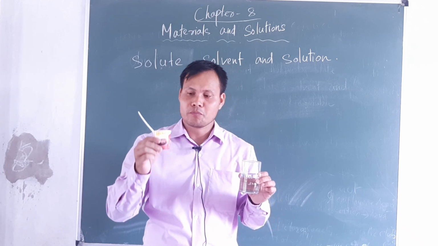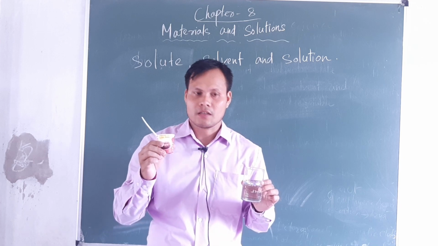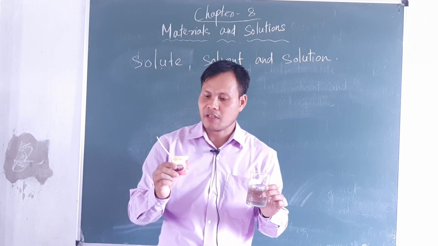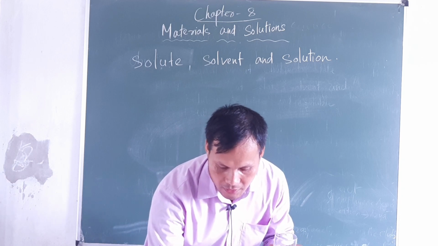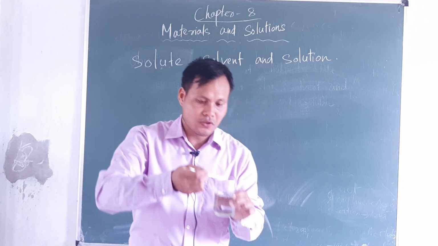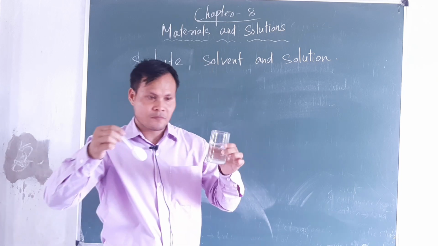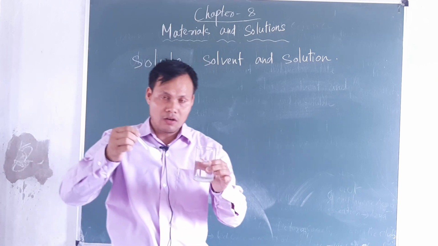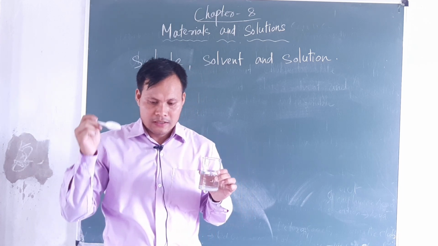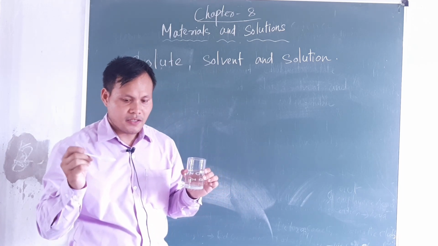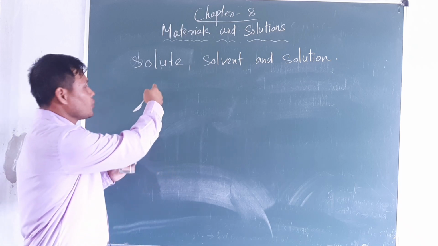So I am going to put the sugar in the water with the help of the spoon. So when I put a spoon of sugar into the water, the sugar will get dissolved into the water. Now here the sugar is the solute.